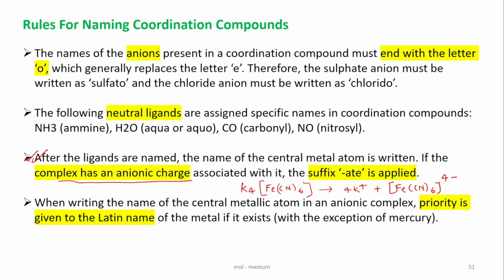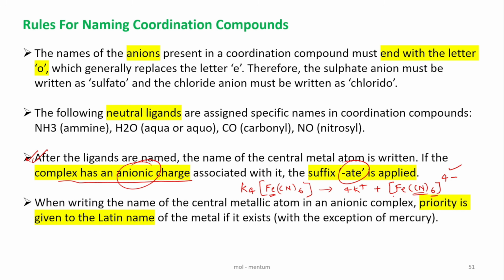After the ligand is named, the name of the central metal is written, and if the complex has an ionic charge, the name of the metal ends with ate. So this complex has an ionic charge. For this, we write hexacyano, hexa for 6, cyano for this ligand because it is negative, so we write the name with O: cyano.